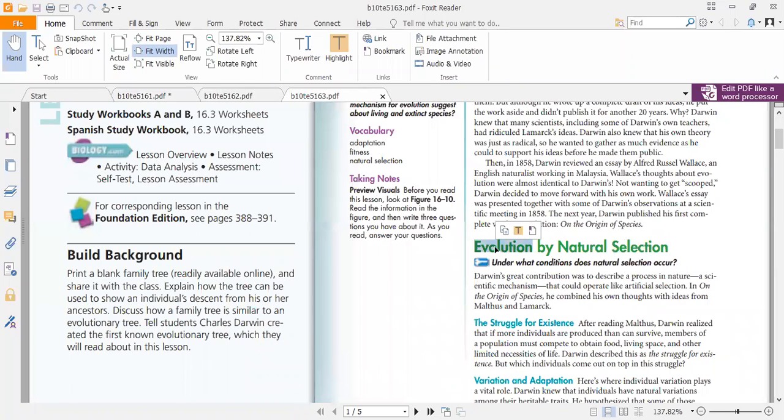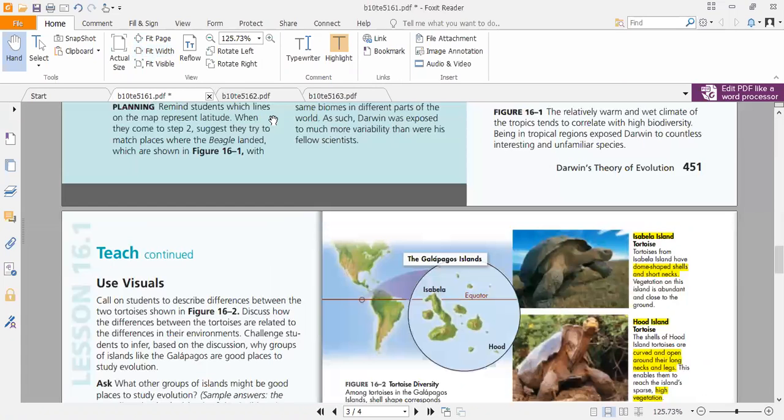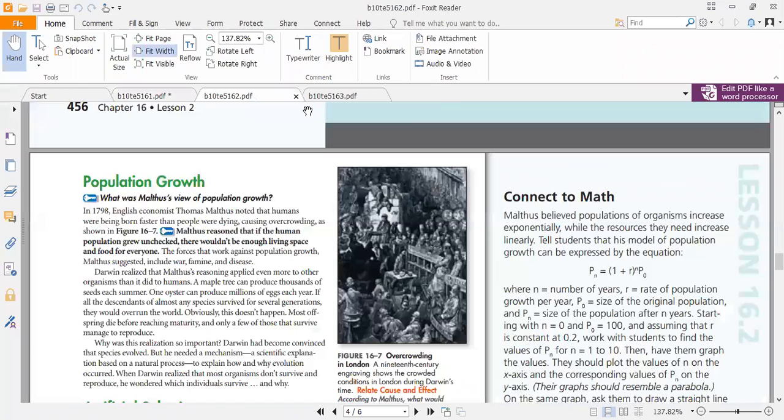Do you know now? I am explaining which point we start with and which point we end with. We started with lesson 16.1, what made Darwin think about evolution? 16.2, what are the theories at this time?